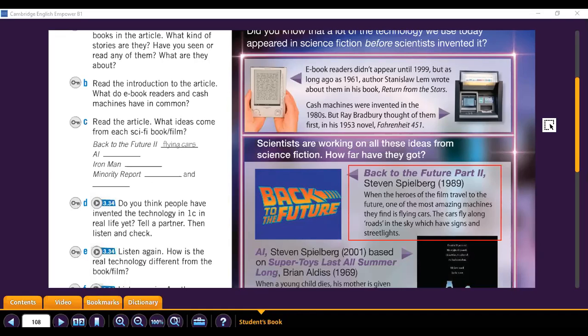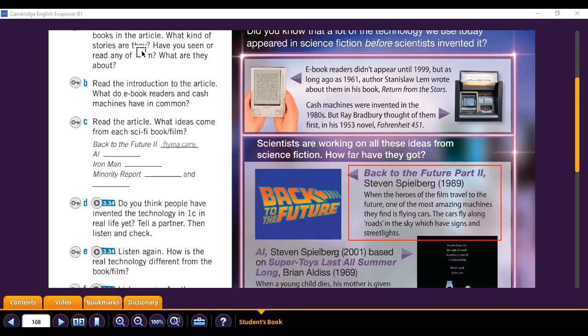When the heroes of the film travel to the future, one of the most amazing machines they find is flying cars. The cars fly along roads in the sky which have signs and street lights. Thank you so much. Street lights. Don't forget the pronunciation of that word. Street lights. So here we have Back to the Future Part 2.